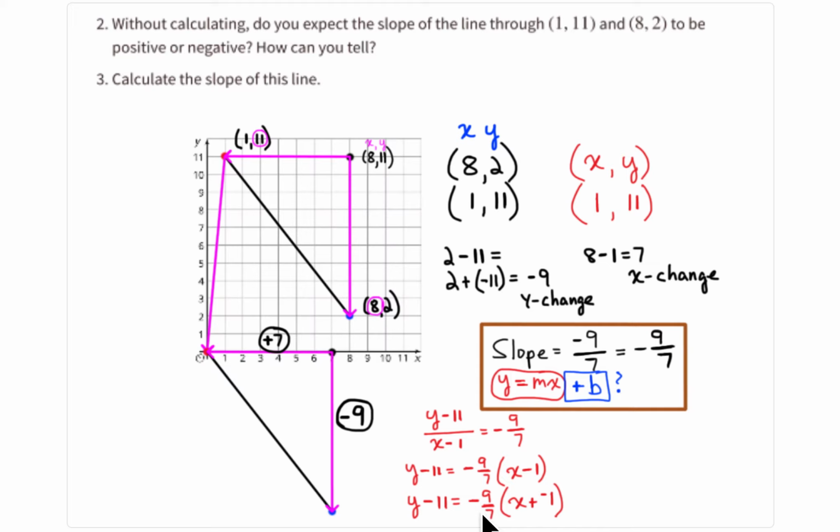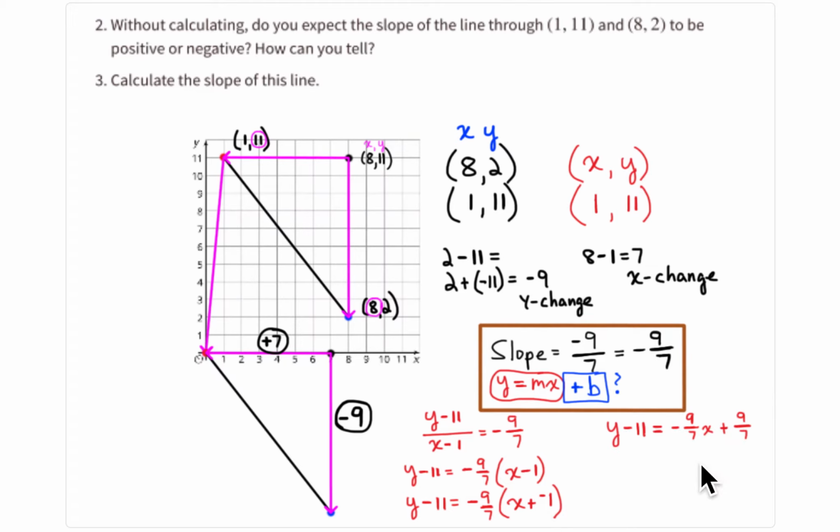All right, so now I have a negative 9/7 times whatever is inside this parentheses. Well, that's a negative 9/7 x, and then this negative 1 means the opposite of a negative 9/7. That's why I want to change this up here to negative 1, because now when I multiply, I can look at it as the opposite of negative 9/7, which is positive 9/7.